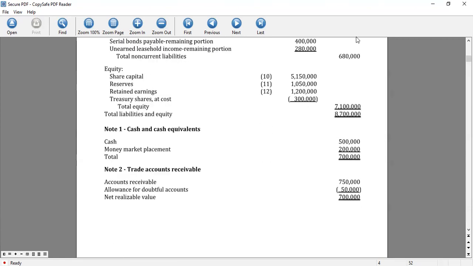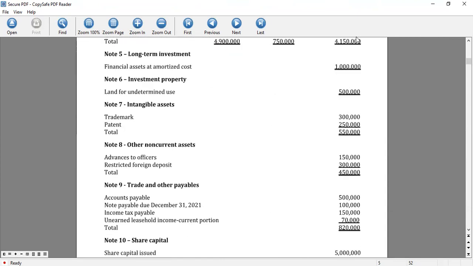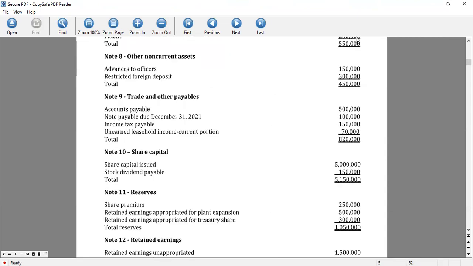So this is actually treasury shares, meaning the company reacquired its own shares. So supposed to be the debit is treasury stock and credit to cash, and then debit to unappropriated retained earnings and credit retained earnings appropriated for treasury stock.